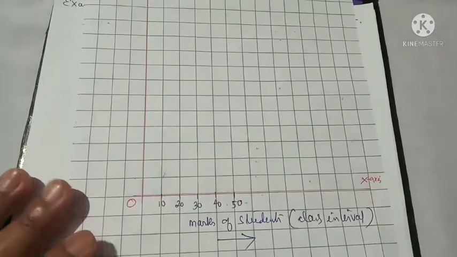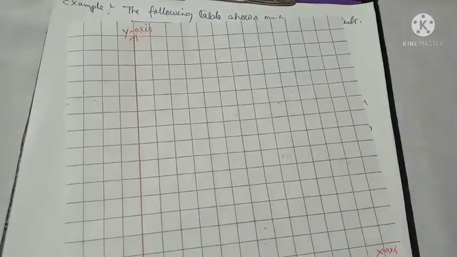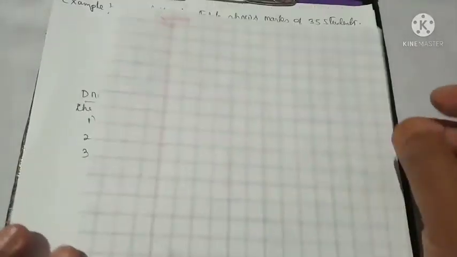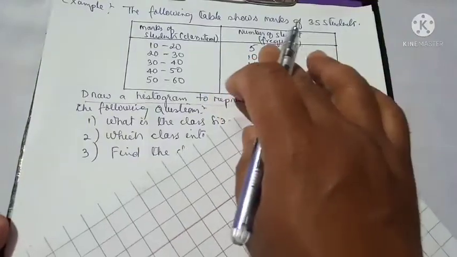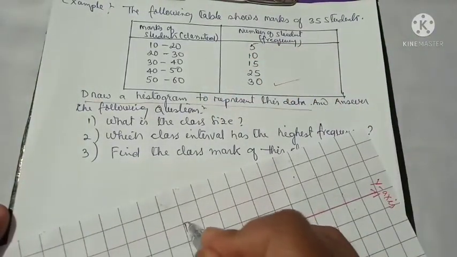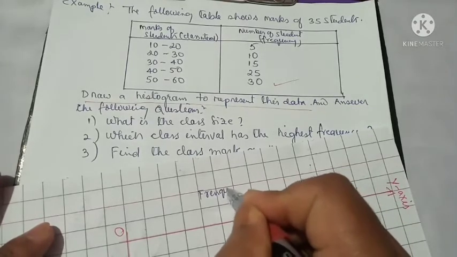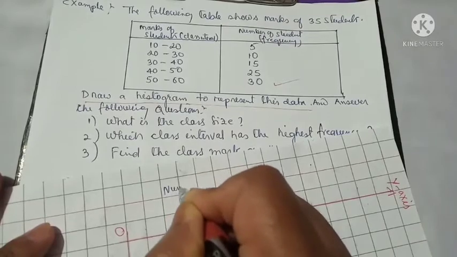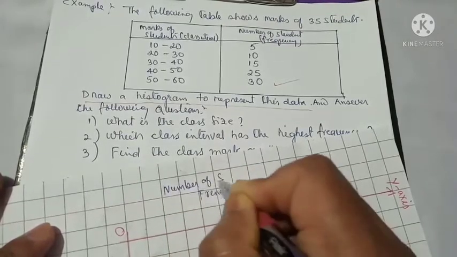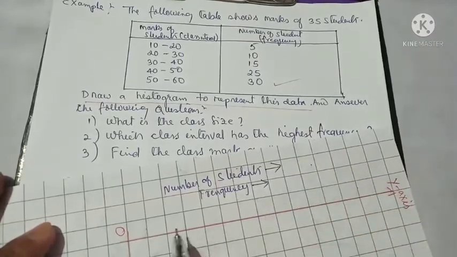Marks of the student: 10, 20, 30, 40, 50, up to 60. This is the marks got by 35 students. Now, this side is the frequency, which means the number of students.